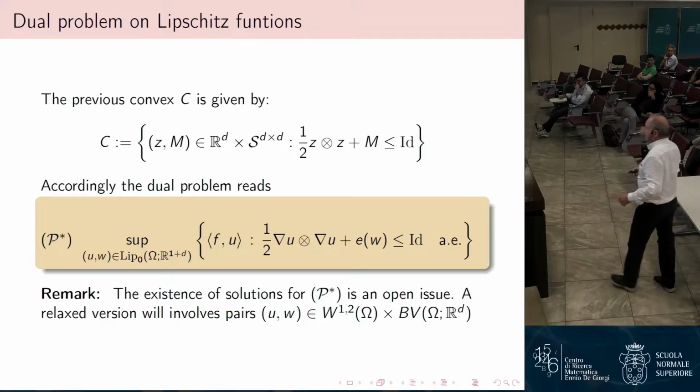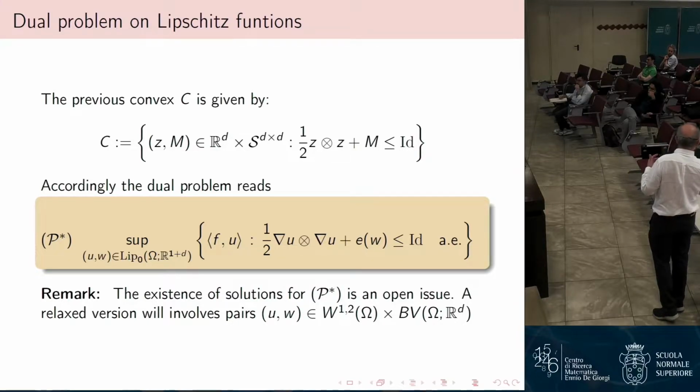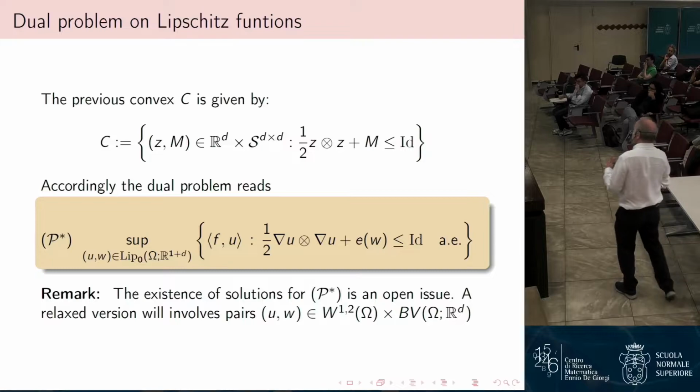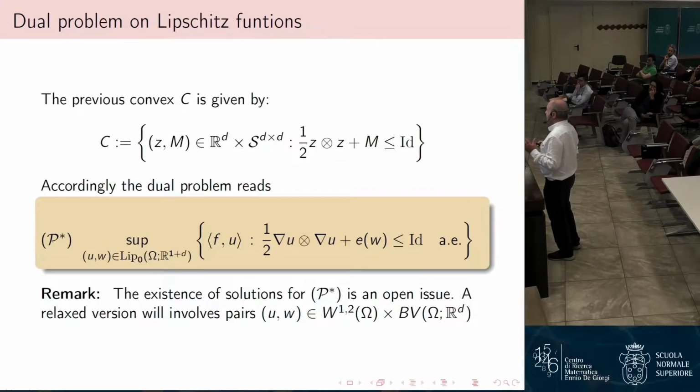Well, okay. And this tensor here appears in von Karman theory of plates, in fact. So it is linked also to a nonlinear model of plates. And so you have a similar problem, but here you do not have an elliptic function because you have E of W.